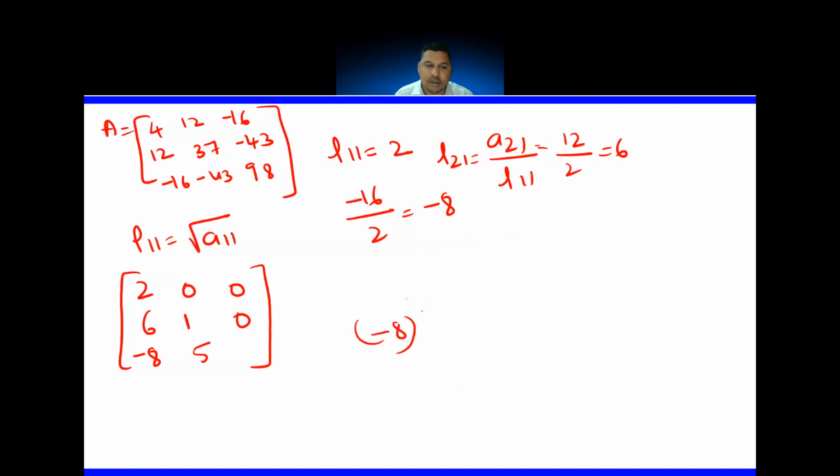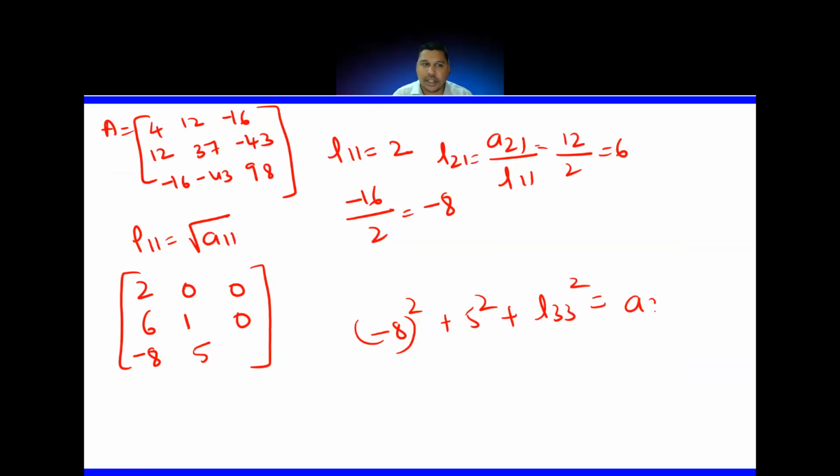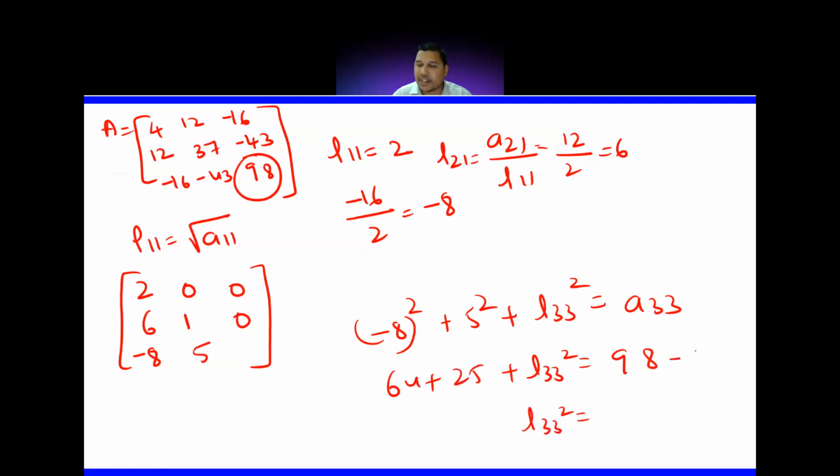So minus 8 whole square plus 5 square plus L33 whole square equals A33, and from the matrix A33 is 98. So 8 square is 64, plus 25, plus L33 square equals 98. So this is 89, and L33 square equals 98 minus 89, which is 9. So L33 becomes 3. You got this 3, so this is your L matrix.